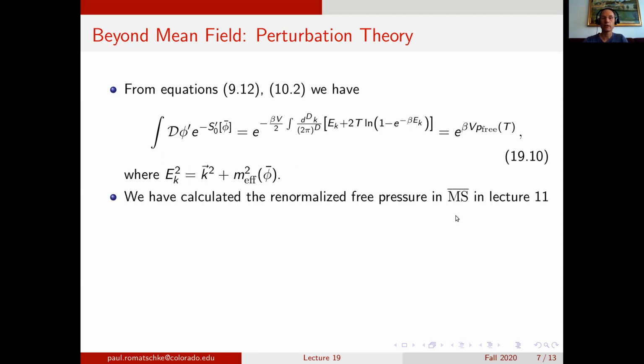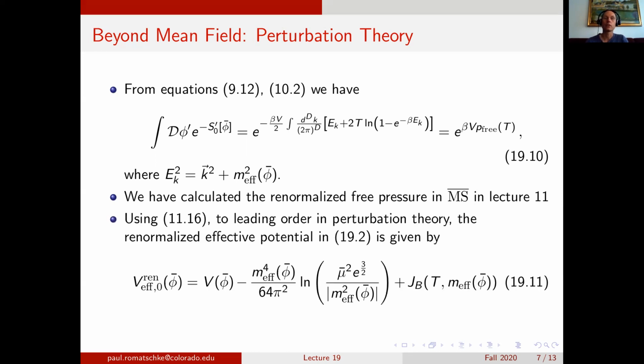We have calculated the renormalized free pressure in the MS bar scheme in lecture 11, so we can also reuse the result from there. Using equation 11.16 from lecture 11, we find that to leading order in perturbation theory, the pressure and hence the renormalized effective potential is given by the following expression.